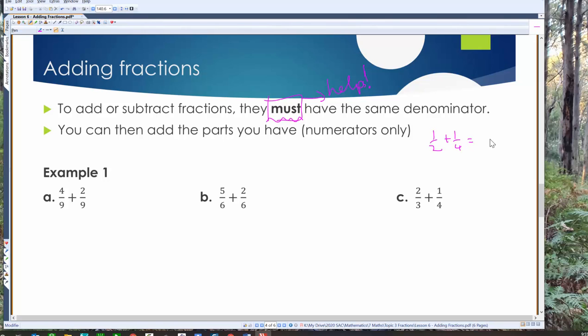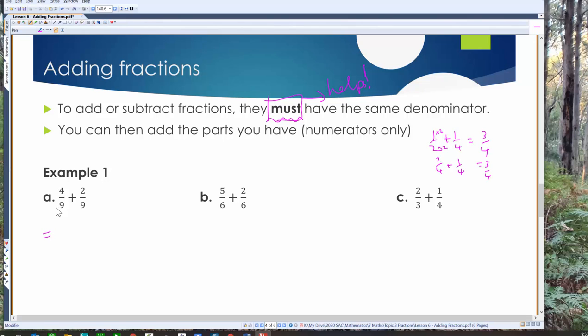They don't have the same denominator, but we know from maybe a netball game or something like that, 1/2 a game plus 1/4 of a game means that you got 3/4 of a game. Okay, so it certainly is possible to do without it, but it's easier if you convert this 1/2 to a fraction out of 4, which is 2 parts out of 4 plus 1 part out of 4, and that's 3 parts out of 4.